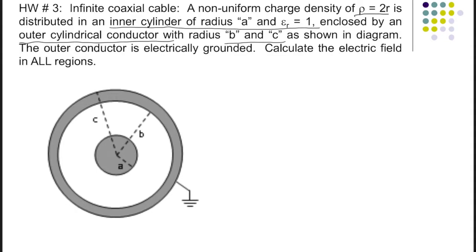So to first start off this problem, we want to use this equation: EA is equal to Q total over epsilon naught.